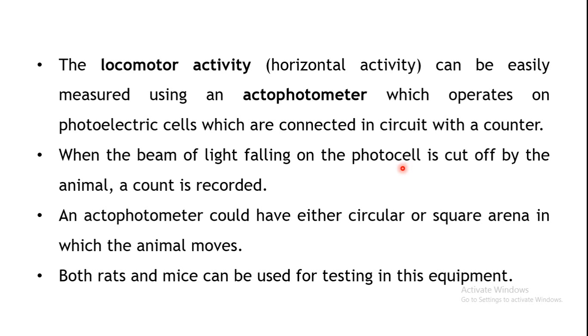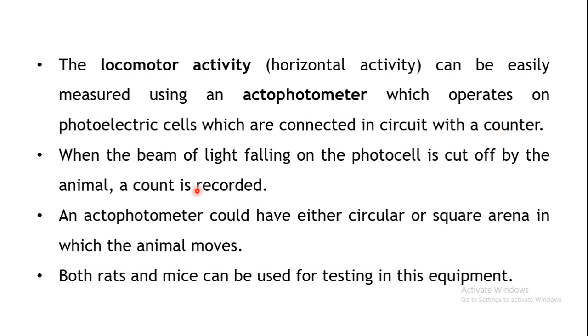As the animal moves, it will cut off this beam of light. Once the animal cuts off that light, it will make one count, which is automatically counted by a counter kept in the circuit.